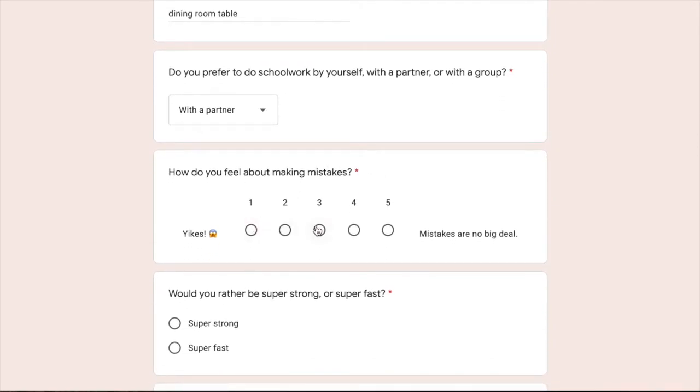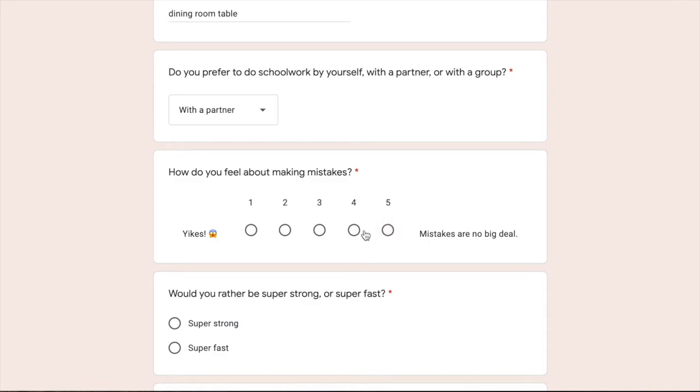This looks like a multiple choice question, but it's actually like a sliding scale. You pick where you are on this line. So the question is, how do you feel about making mistakes? If you choose this box, that means you're like, yikes. If you choose this one way over here, you're like, mistakes are no big deal.